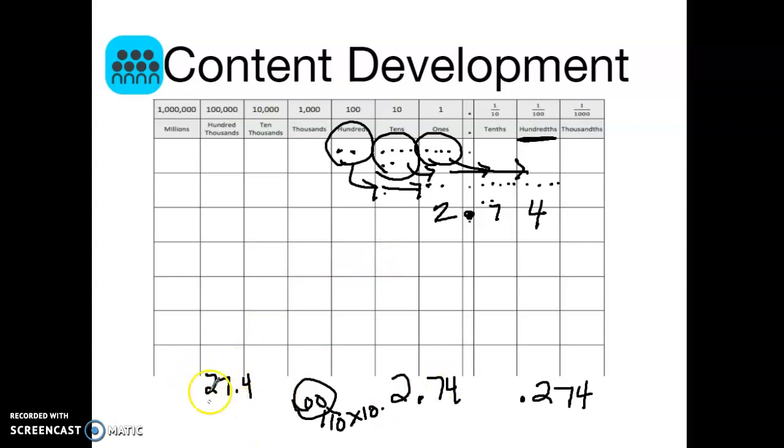How did the value of each number change? Here, this is a value of 7 tens and 7 ones and 2 tens. Then it becomes 7 tenths and 2 ones. And then here it becomes 2 tenths. So you might notice that the value of each number changes.